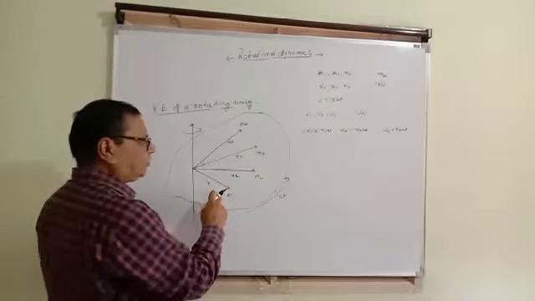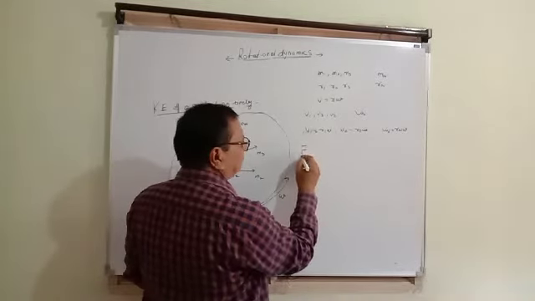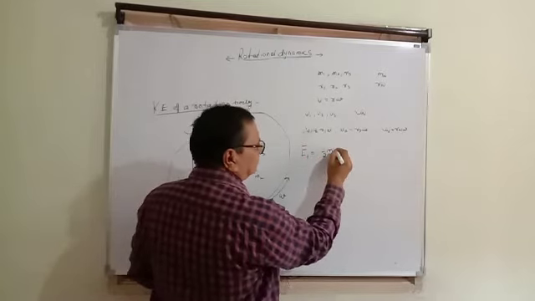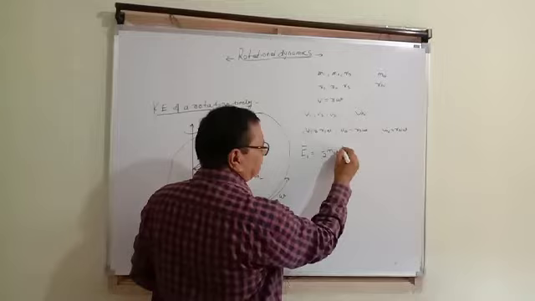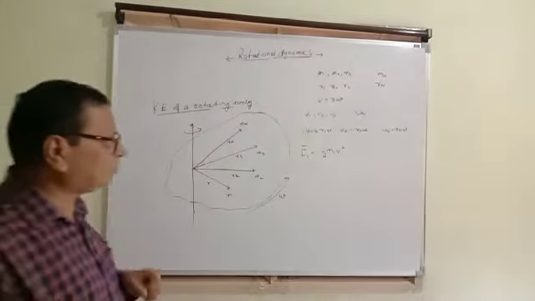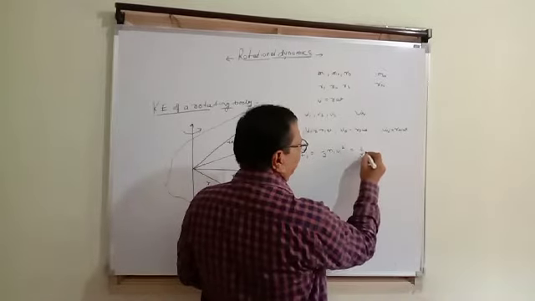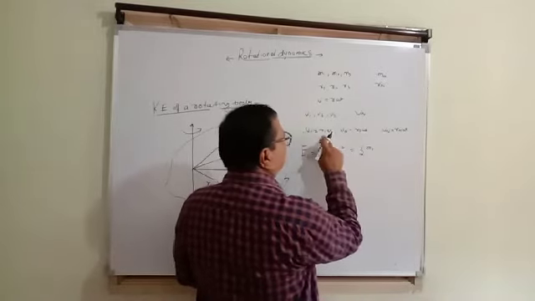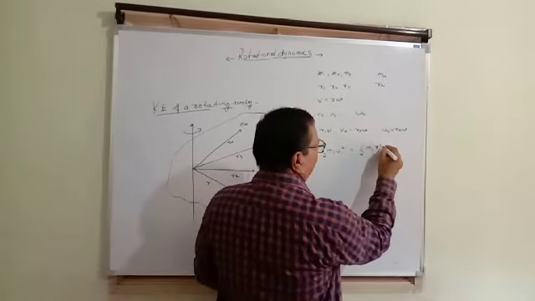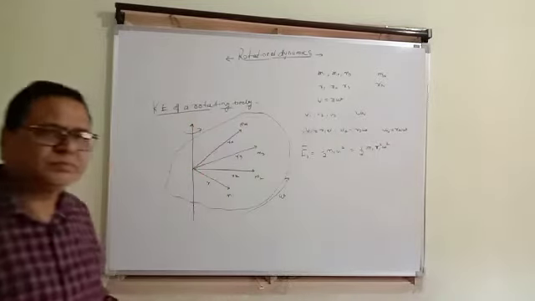Kinetic energy of the first particle, E1 is equal to half m1 v1 square, which is equal to half m1 r1 square omega square, as omega remains constant.